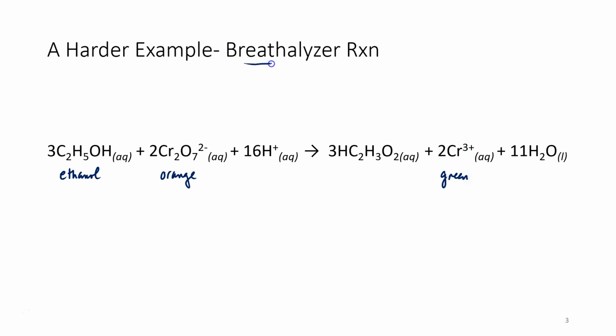So this is called the breathalyzer reaction because if you have been drinking and you breathe into a solution, or exhale into a solution of dichromate, it'll change color from orange to green. But can you tell where the oxidation and reduction occurred? I don't know. I mean, this chromium on the products is obviously a +3, but when I look at the reactants, it's not so obvious what the charge is here.